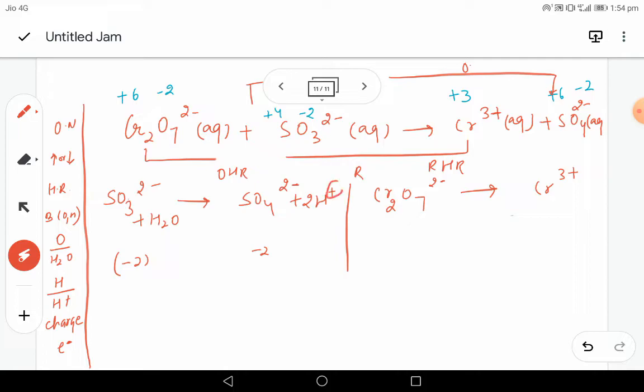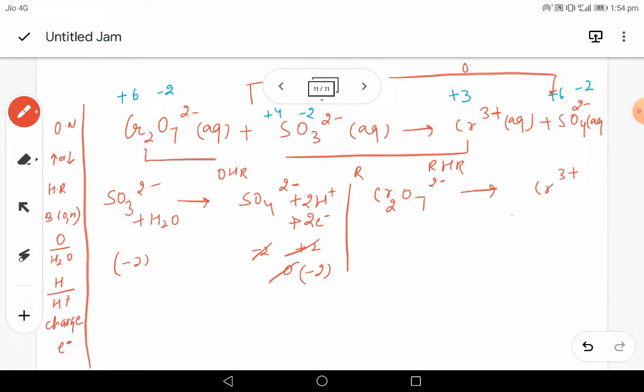And here we have positive, but total is 2, so it means +2. They both will cancel out. Here it is 0. Now here the charge is -2 and on the other side it is 0. We want to make it equal. But remember, charge can be balanced only by adding electrons. So how can we balance it? If I add 2 electrons onto this side, this charge will now become -2.